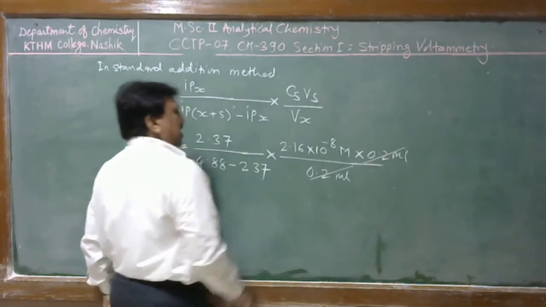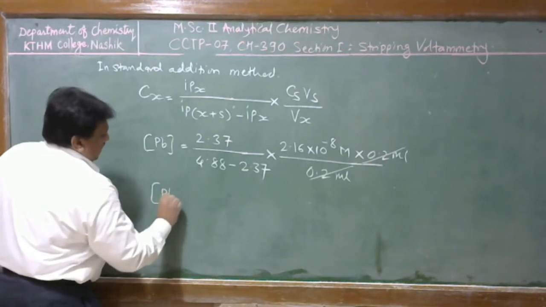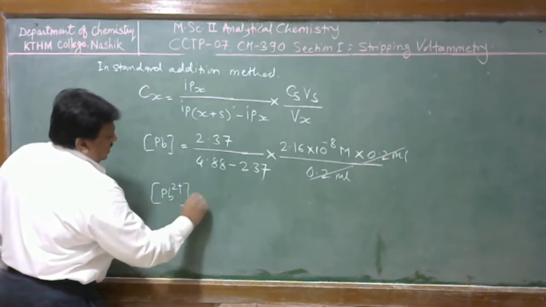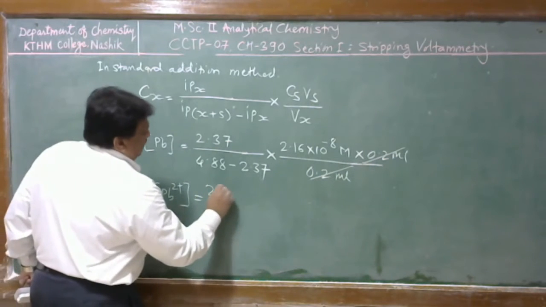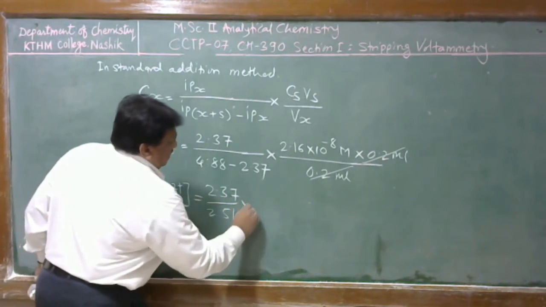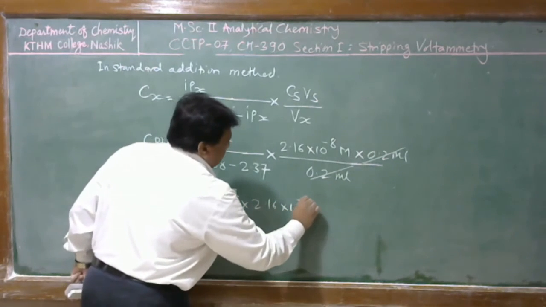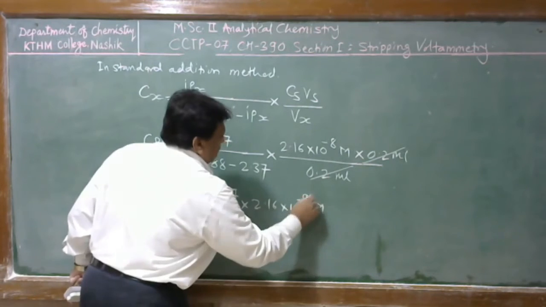Here volumes are the same. Therefore, concentration of lead when we solve is equal to 2.37 divided by 2.51 into 2.16 into 10 raised to minus 8 moles.